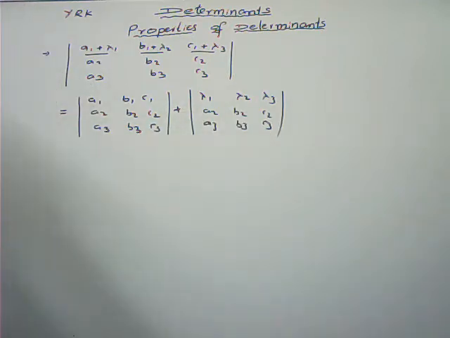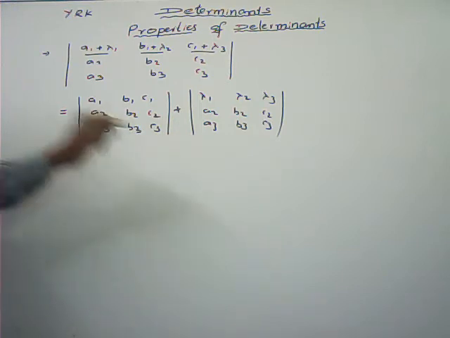So if every element in a particular row or column of the determinant is the sum of two terms, then its determinant can be expressed as a sum of two determinants.